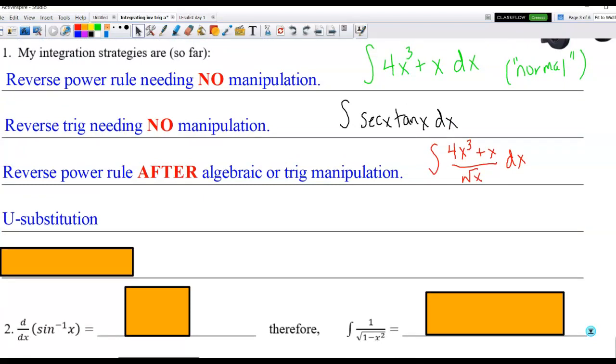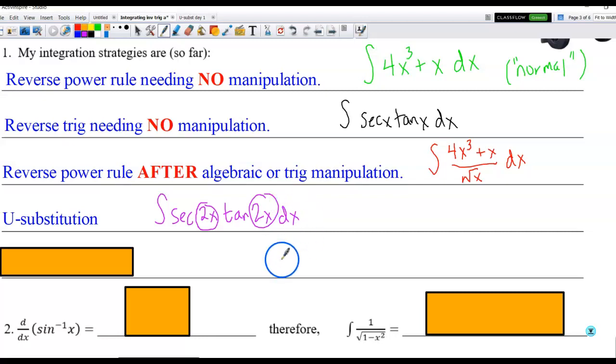And so, for example, let's bring the one from the trig. If I had the antiderivative of secant 2x tangent 2x, now I kind of know what to do straight ahead, but I also realize that now I have an inside function of a 2x, and I'm going to need my strategies for U substitution.